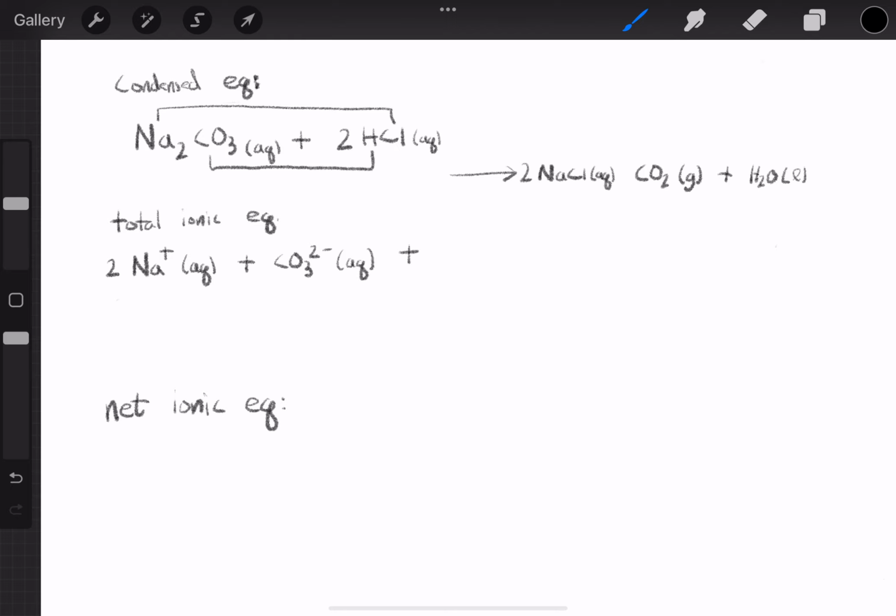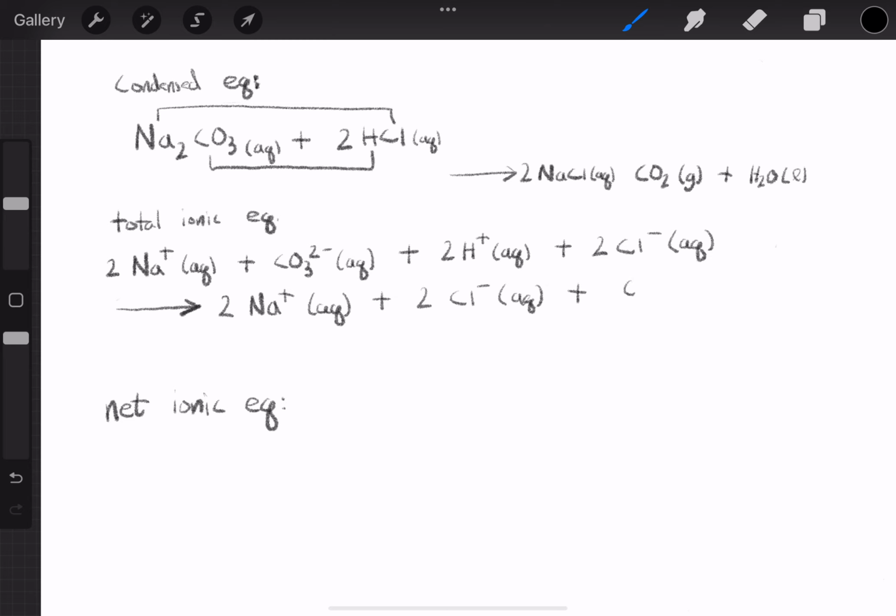Now since we have a strong acid here, it's going to be 2H plus and 2Cl minus aqueous, and then right here we're going to write the products. Sodium chloride is very soluble in the solution, so it'll be 2 Na plus aqueous plus 2Cl minus aqueous.